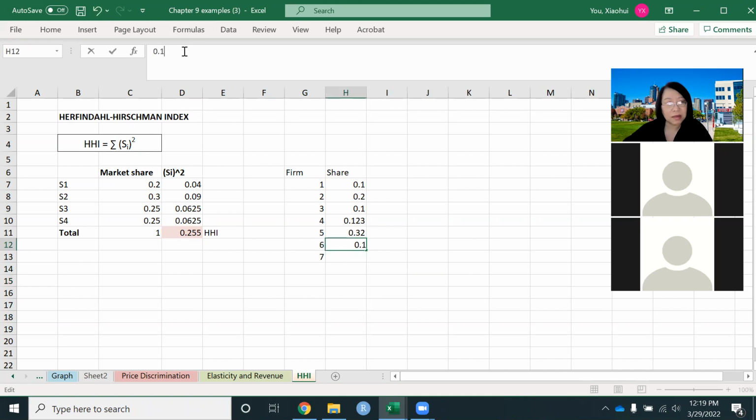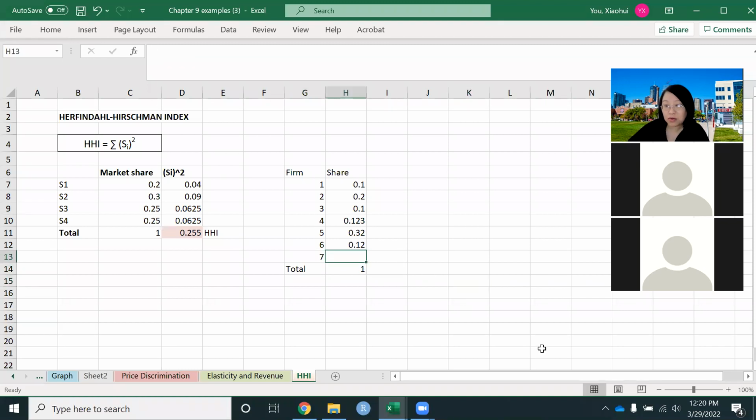So do you know what's the share for number 7? As I told you, the total for the whole market should be equal to how much? 1. They all should equal 1. Yes, great, good job.